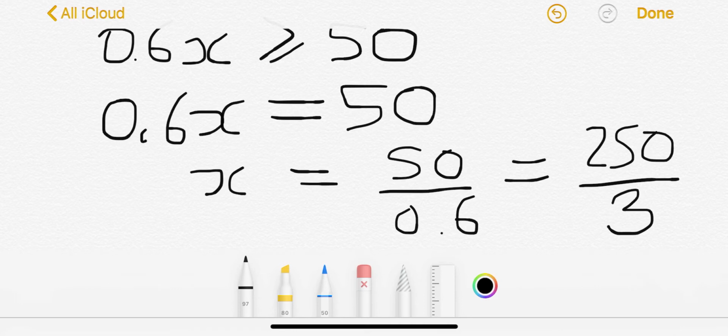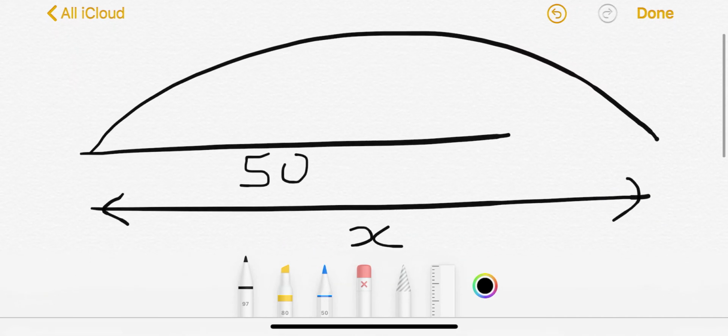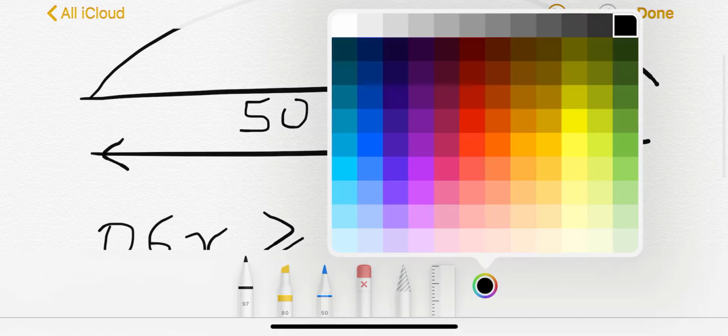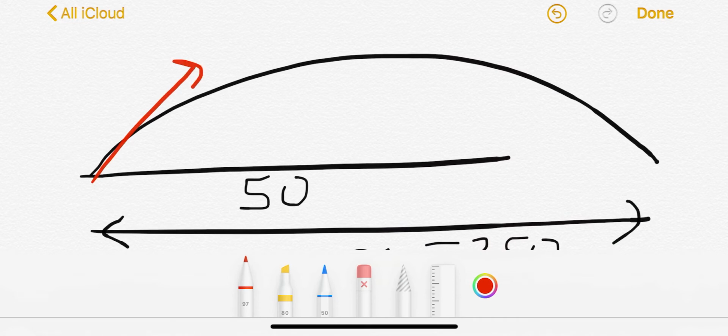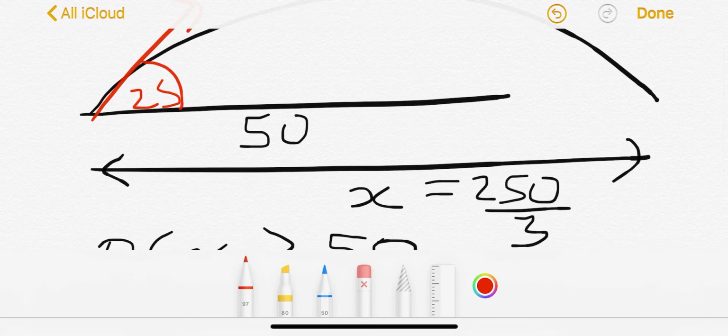Okay, so what do we now want to do? Thinking about our projectile, we want to work out what speed he needs to launch at, still at an angle of 25 degrees, so that the horizontal distance he travels without accounting for air resistance is 250 over 3.